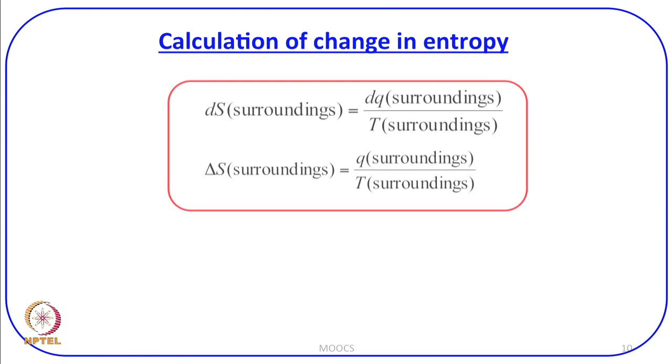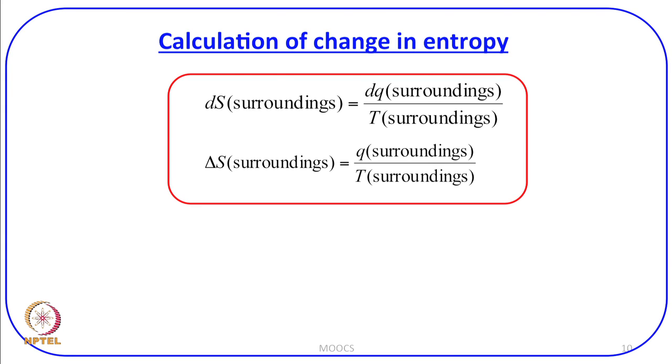So, therefore, how to calculate the change in entropy? If we are interested in calculating the change in entropy of the surroundings, then this is the formula to be used. For infinitesimally small changes, ds surrounding is equal to dq surroundings by the temperature of the surrounding. For a finite change, delta S will be equal to the actual amount of heat transfer to the surroundings divided by the temperature of the surroundings.